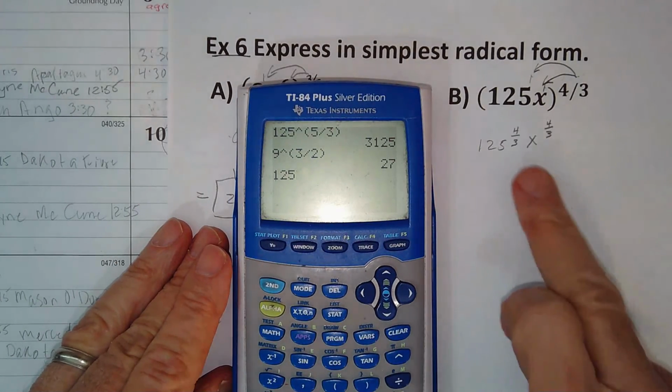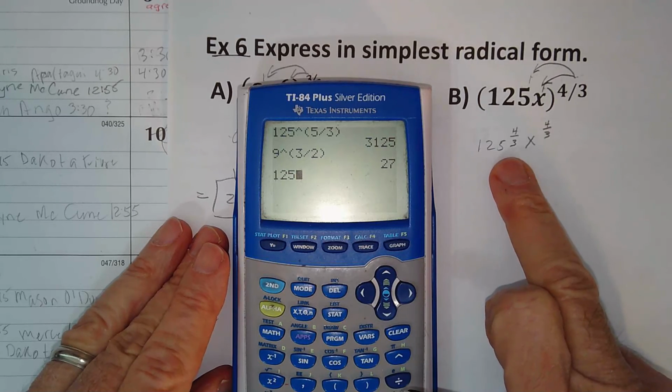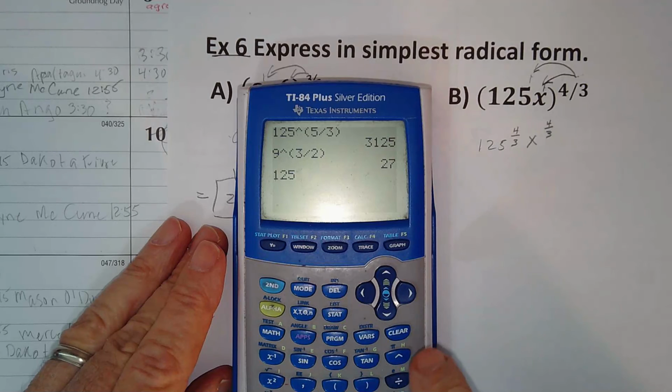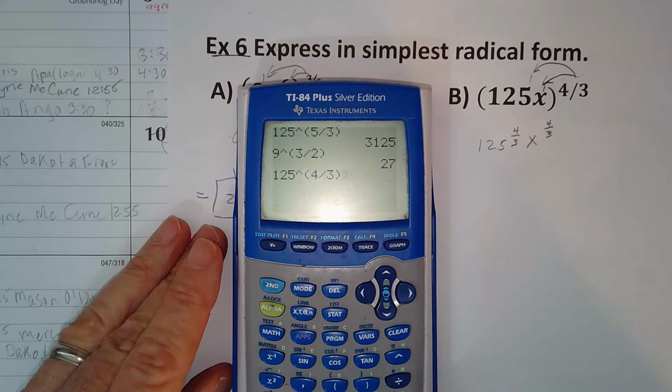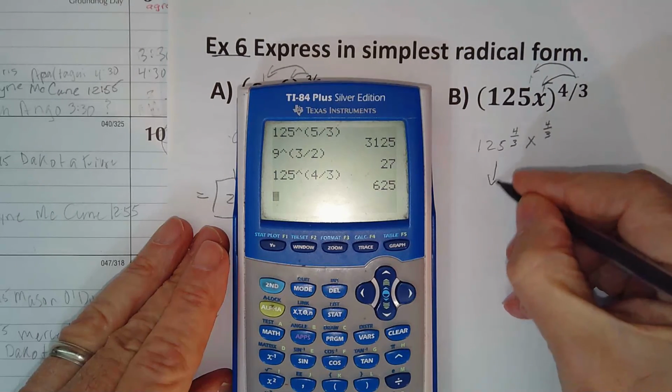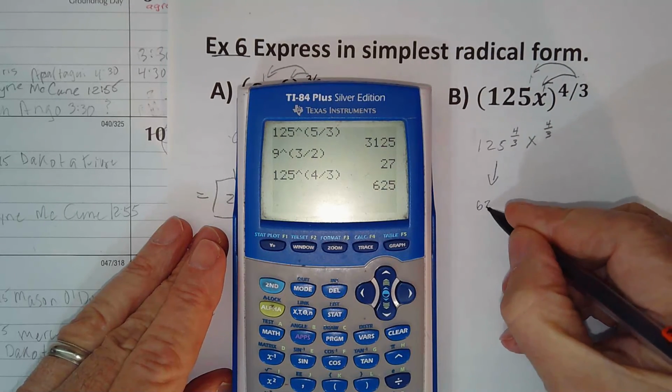We don't have a variable in it, so we can do the simplification like before. Caret, parentheses, 4 divided by 3, see what we get. Aha, 625. So we can just go straight down to 625.